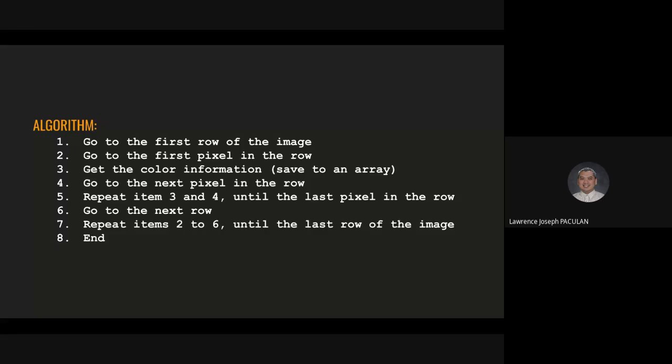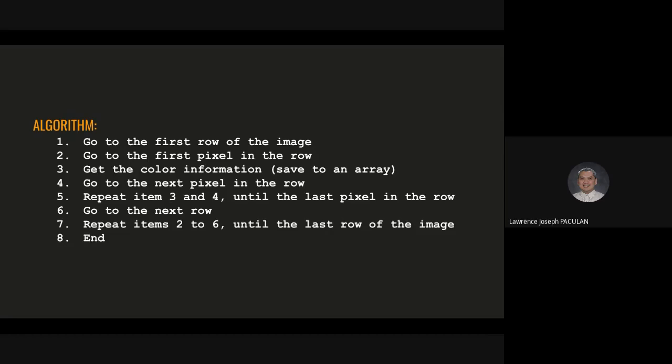After that, we go to step 2, item 2, going to the first pixel, getting the information, going to the next pixel, getting the information, and so on until we get to the last pixel in the last row.